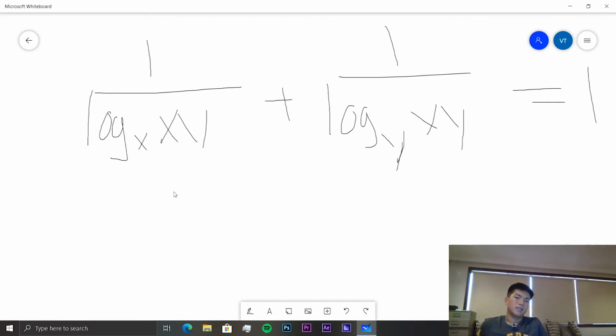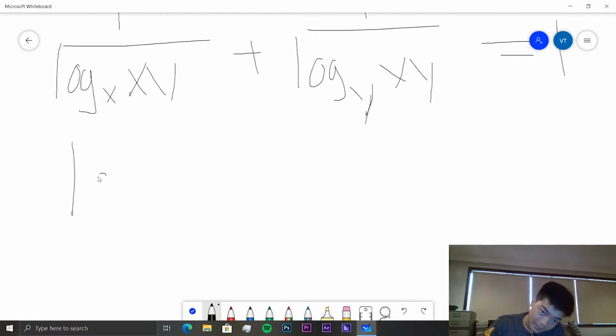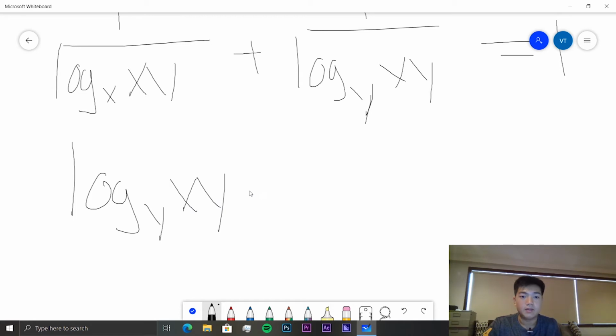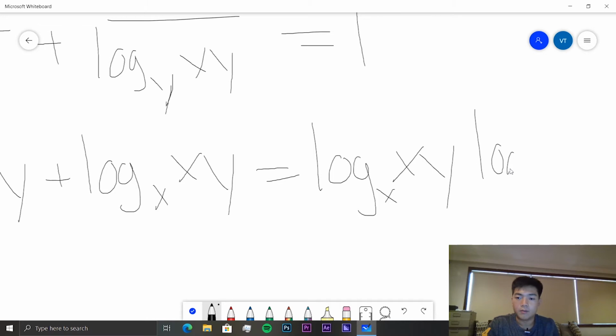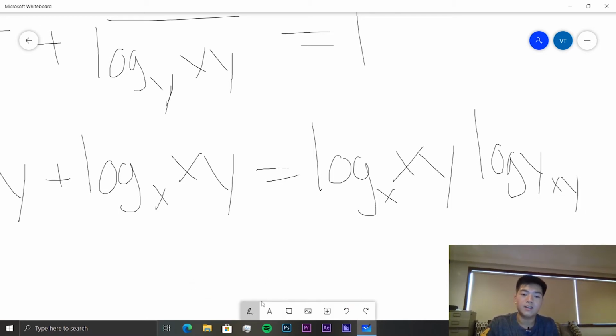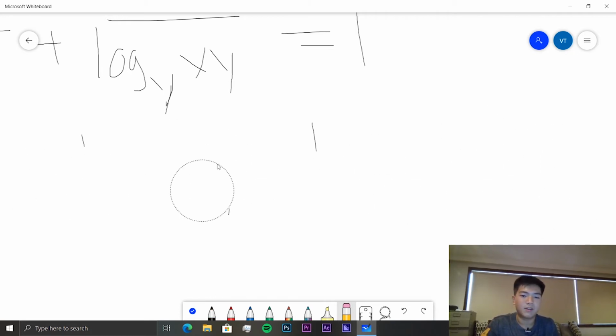Let's think. So in essence, what this is saying is log y to the xy plus log x to the xy is equal to the multiple of both. Oh, actually, no, wait, this is so much easier to prove. What am I doing? Ignore all of that.